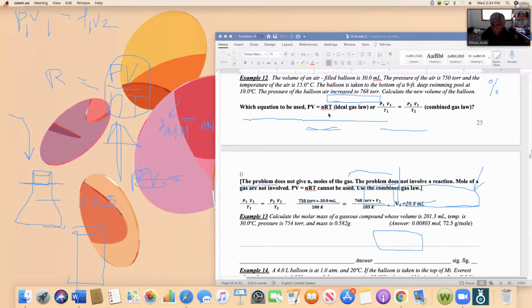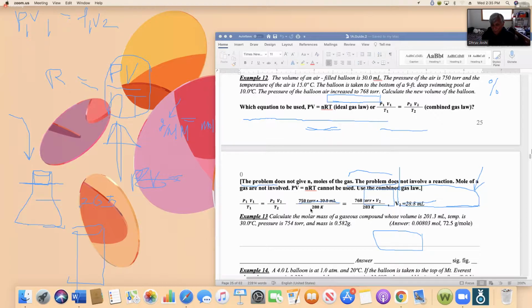Now, which equation is to be used? That's the question. Ideal gas law or combined gas law? Well, are we given the number of moles, or are we given grams that convert into the number of moles? No, therefore we're going to use P1 V1 over T1 equals P2 V2 over T2. So that's the reasoning.